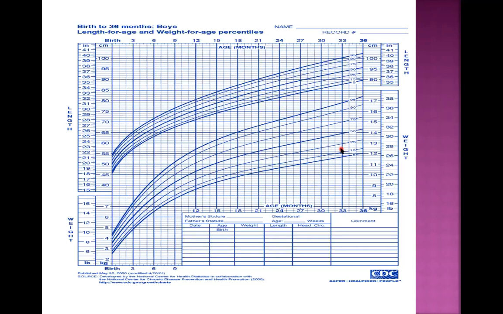Whatever percentage comes, according to that I will classify the grade of malnutrition in that child. This is how we do the nutritional status classification.